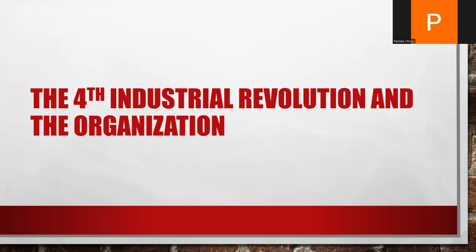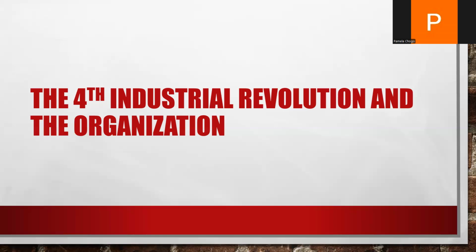The fourth industrial revolution is characterized by cyber physical systems, Internet of Things, as I said, AI, advanced robotics, 3D printing, etc. So in the fourth industrial revolution, we basically say there is the use of systems, but at the same time, it is being combined with human activities.